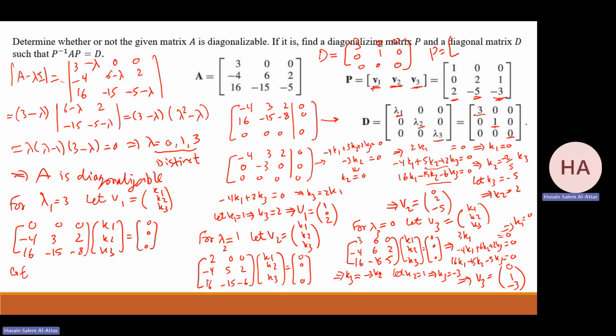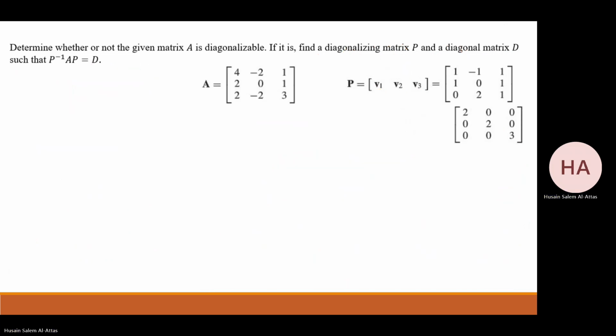What is V1? 1, 0, 2, and V2 is 0, 2, minus 5, and the last one is 0, 1, minus 3, which is this one. Nothing's difficult, but it has a little bit of calculation.